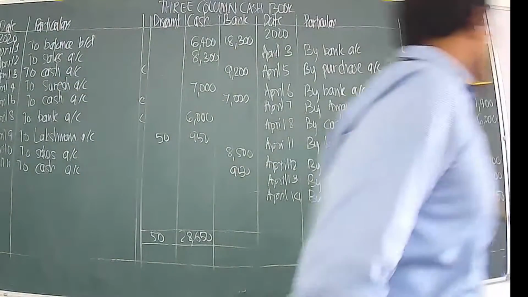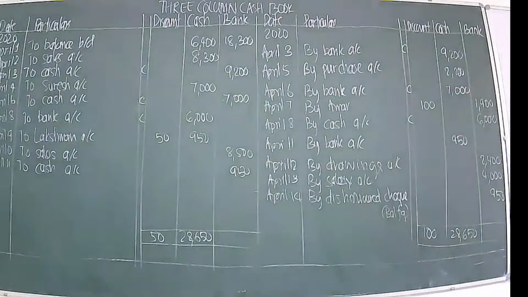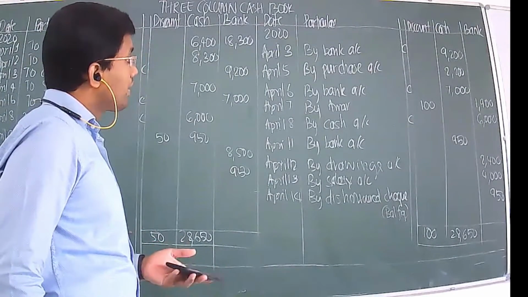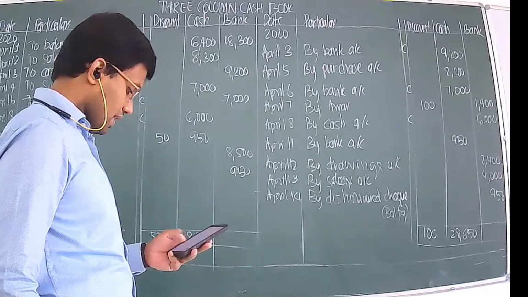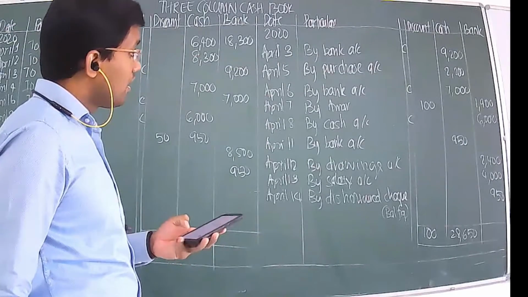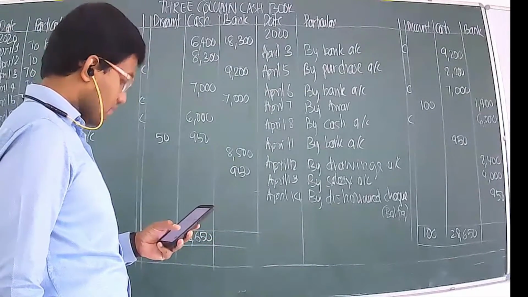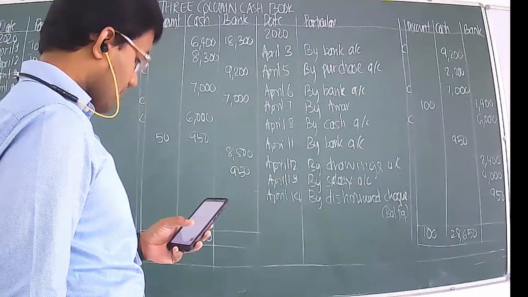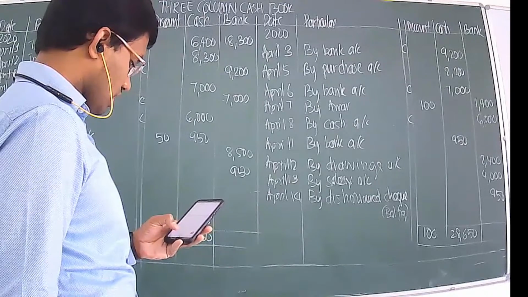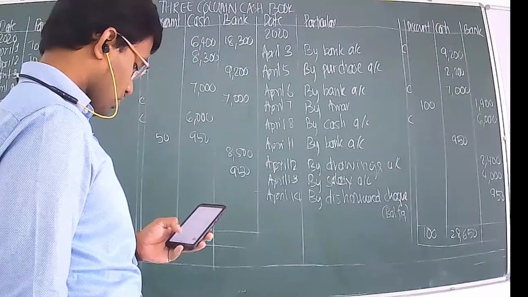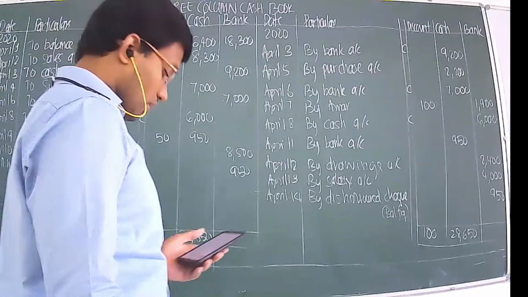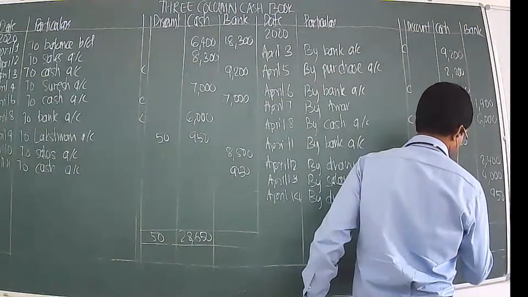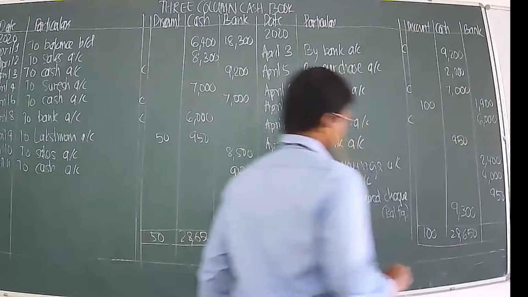So let me quickly calculate the balancing figure here. We have 28,650 minus 950 minus 7,000 minus 2,200 minus 9,200. The total works out to be 9,300.